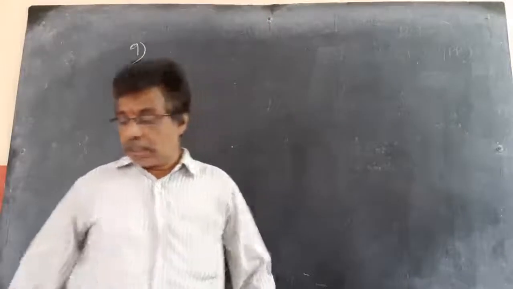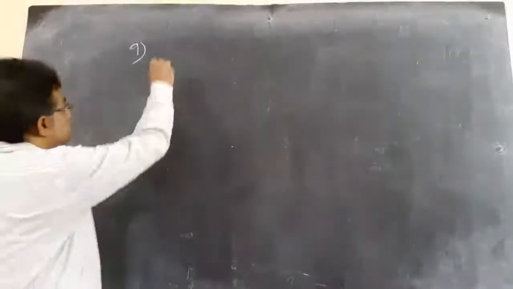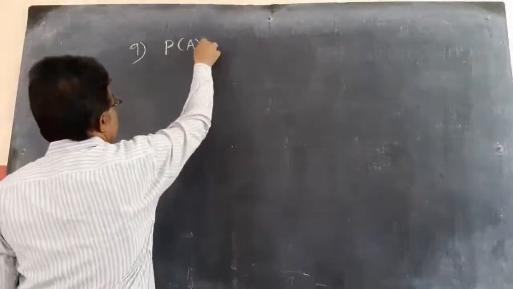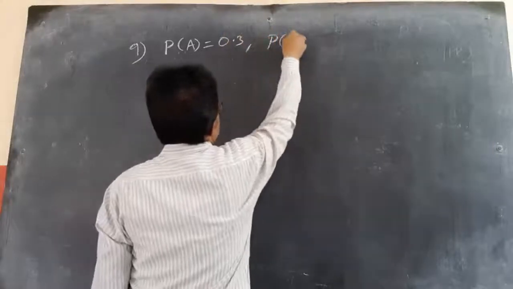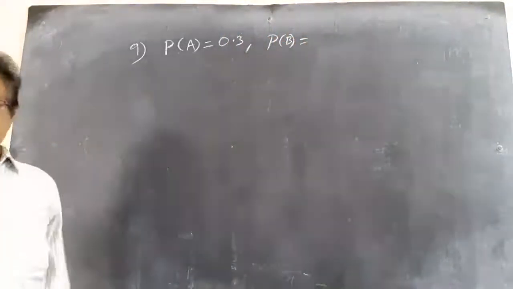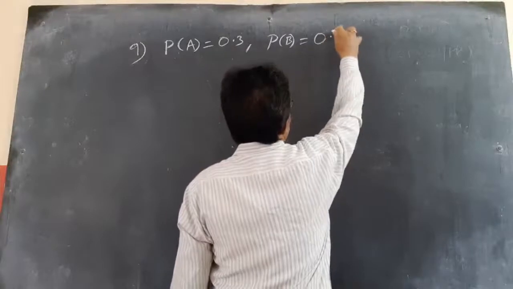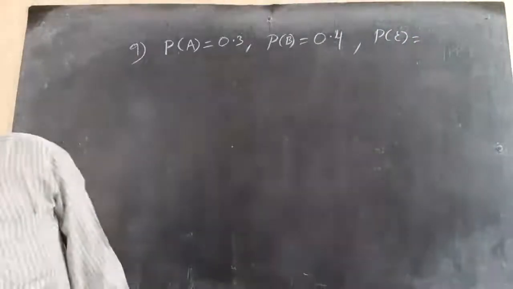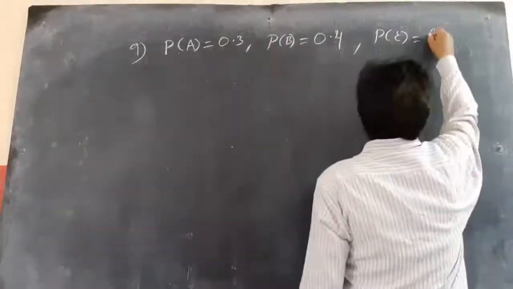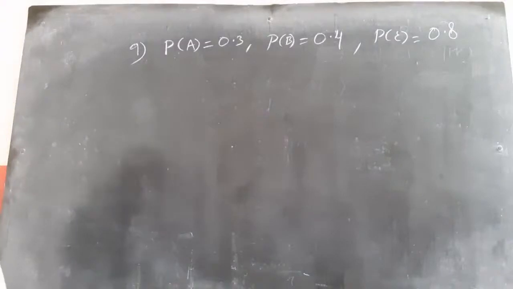Next, the ninth one is giving the probabilities of 3 events A, B, C such that P of A equal to 0.3, P of B equal to 0.4, P of C equal to 0.8, and P of A intersection B equal to 0.09.